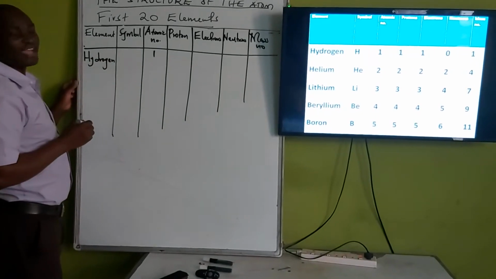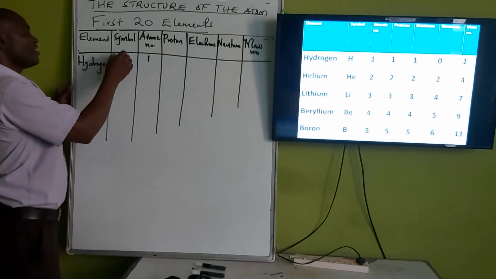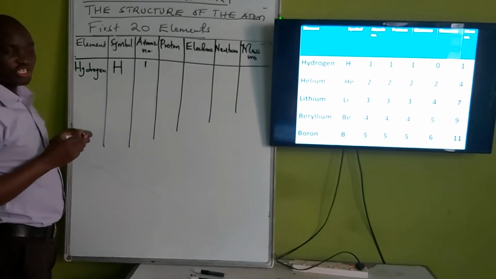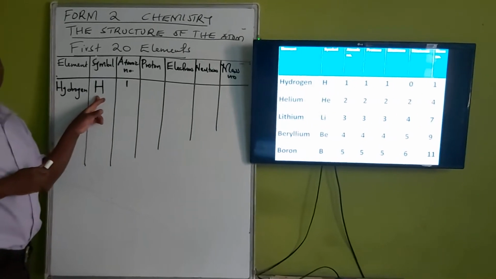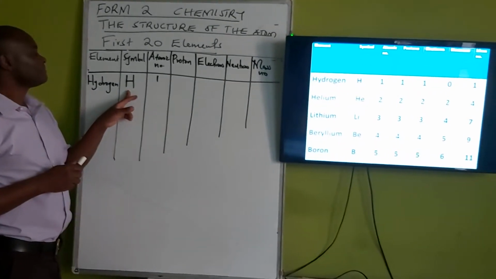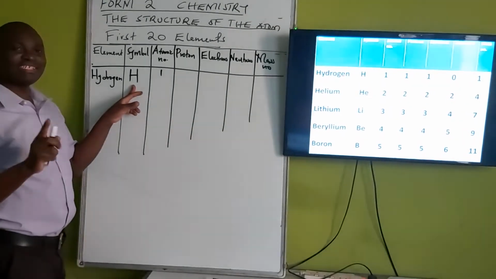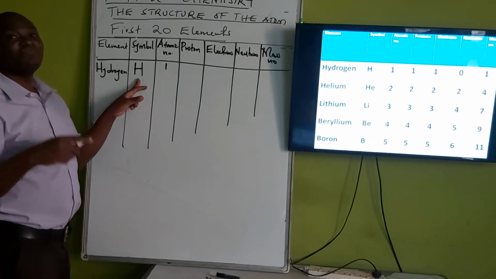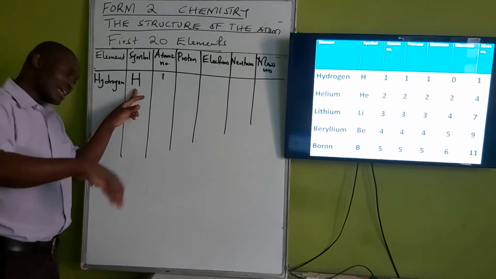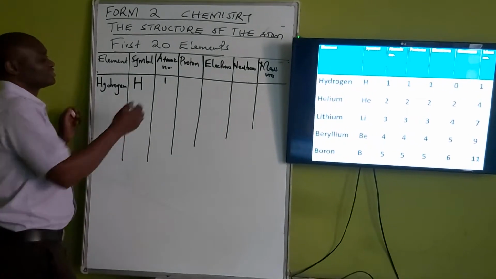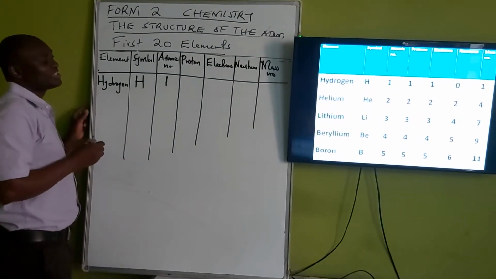Our first element is hydrogen with a symbol of capital H. In Form 1, you learned that when giving symbols for elements, if it is one letter, it must be capital. If they are two letters, then the first one must be capital, the second one a small letter.